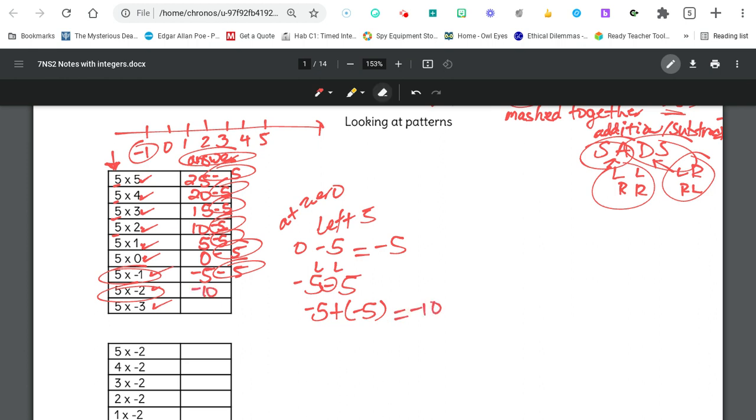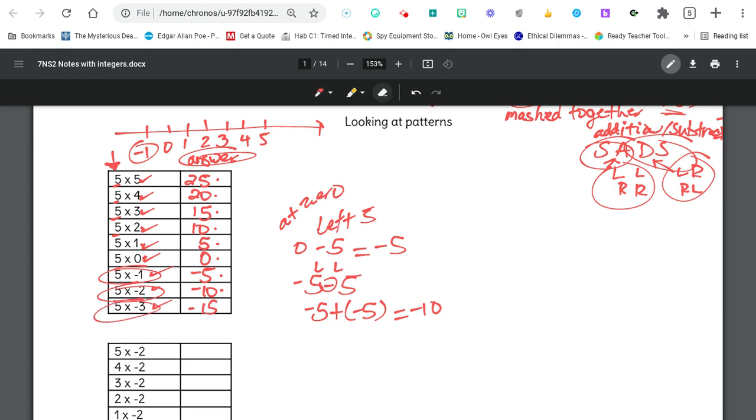Okay? Now, I know you can guess what the next one is. 5 times negative 3. Everybody should be able to guess 5 times negative 3. So I'm going to go back: 25, 20, 15, 10, 5, 0, negative 5, negative 10. You probably can guess negative 15.